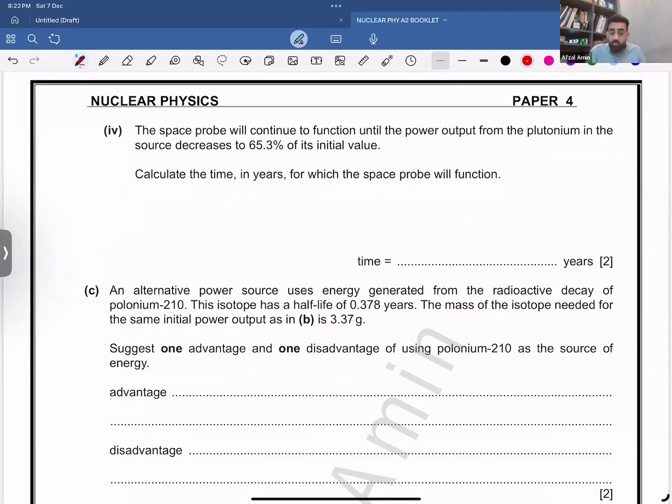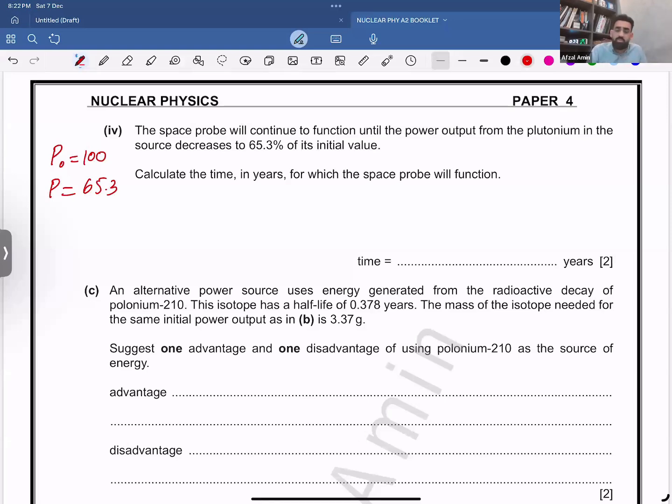The space probe will continue to function until the power output of plutonium decreases to 65.3%. Decreases to, it's easy: if maximum power is 100, then the new power is 65.3. Does it make sense?